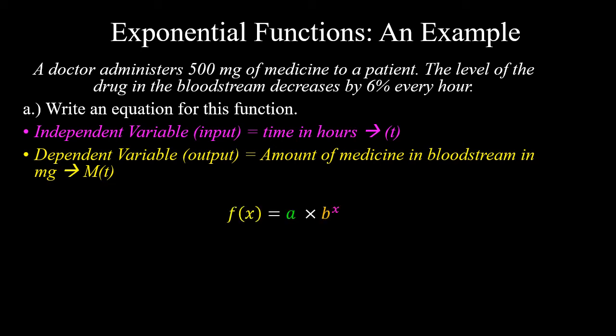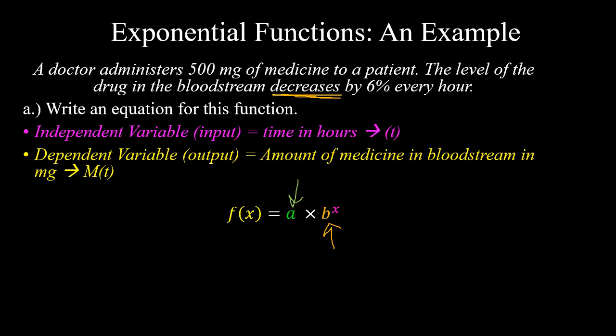Now, we know that we need to write an equation for this function in the form f of x equals a times b to the x, where a is, of course, our initial value, and b is our constant multiplier, which will either be a growth factor or a decay factor. Right off the bat, we can say to ourselves, oh, b is going to be a decay factor because, look, it's decreasing.